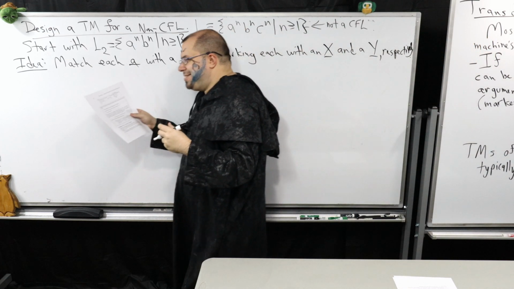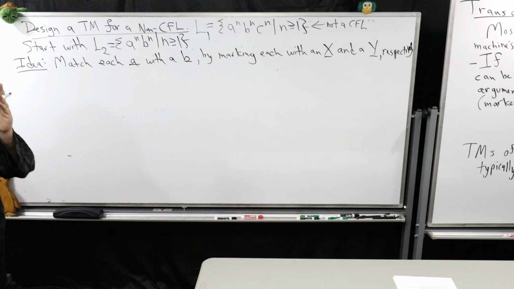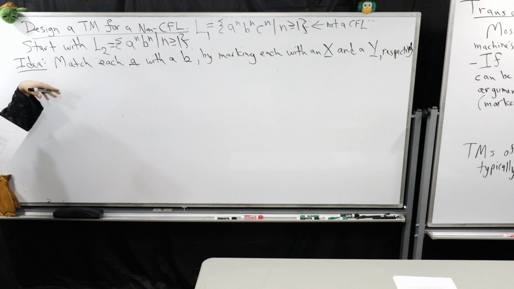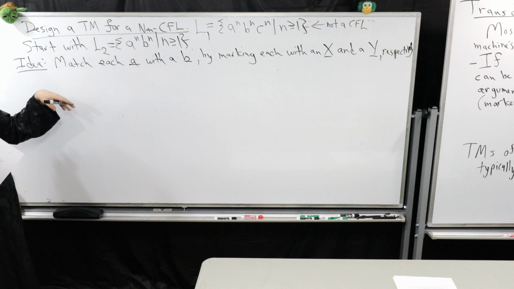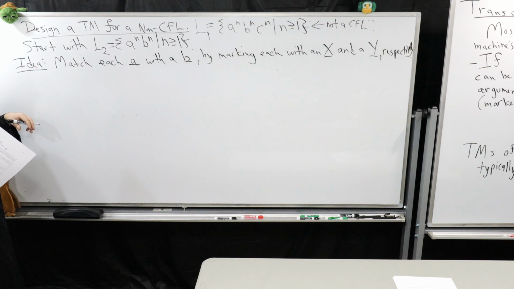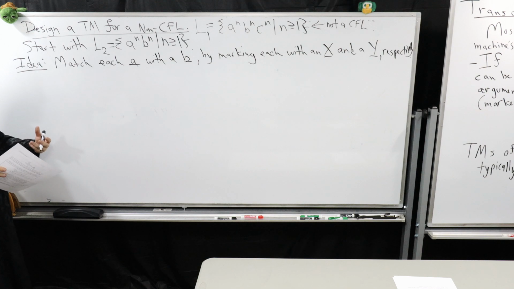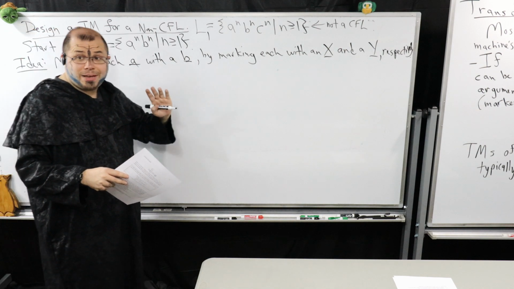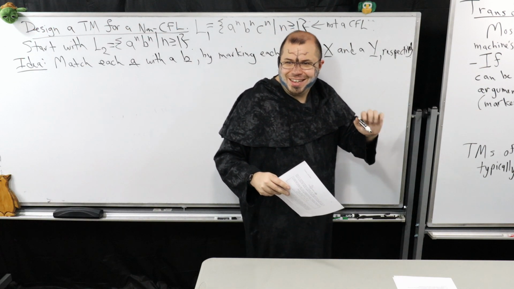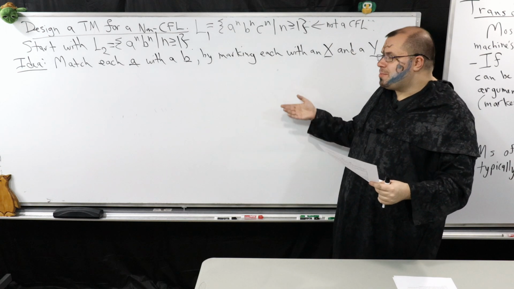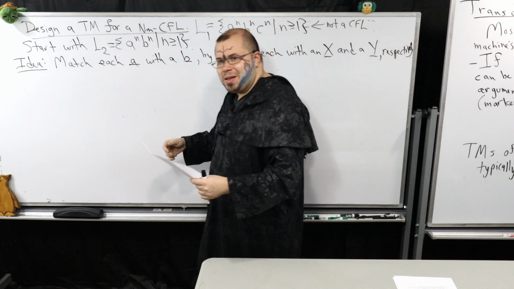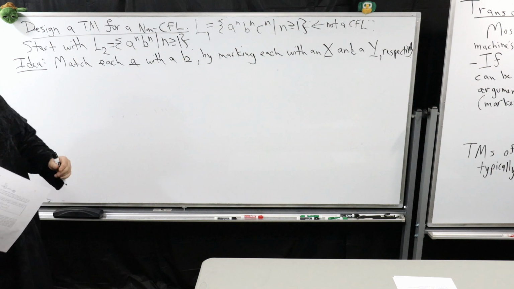Like I said, I'm going to tell you about this matching strategy when it comes to drawing out these Turing machines: if you ever want to count things to make sure that they are of equal amounts, this matching approach is very useful. It's the same one I mentioned just a moment ago for that copy example. But you'll see how this is going to play out here.